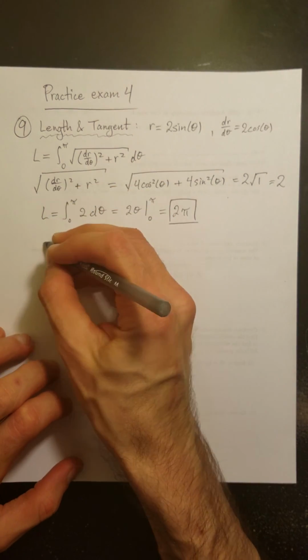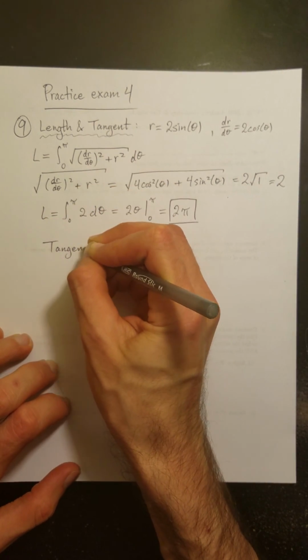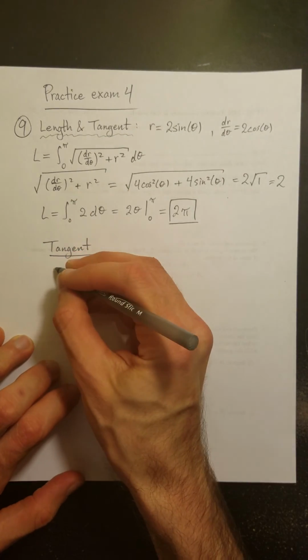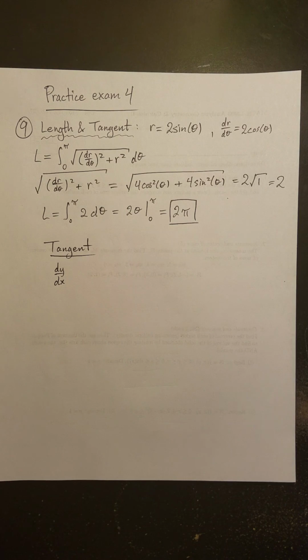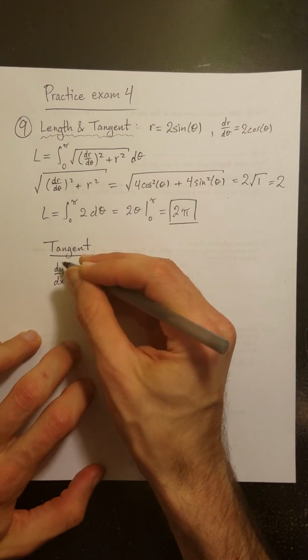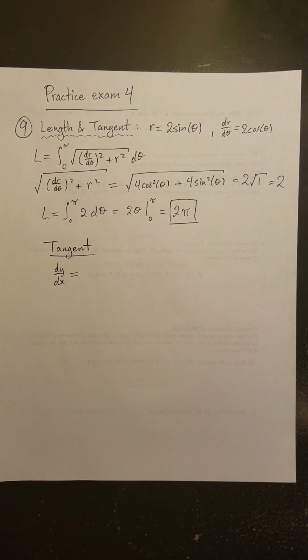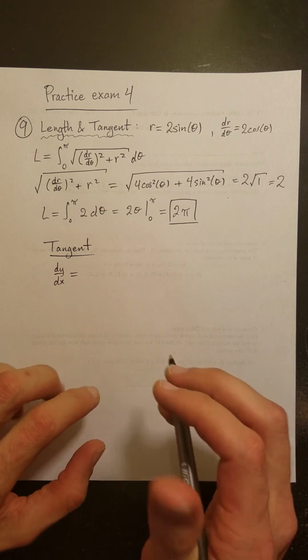Okay, and now for the tangent. The slope of our tangent is always given to us by the same thing, dy by dx. We have an equation for dy by dx in the polar curve case.